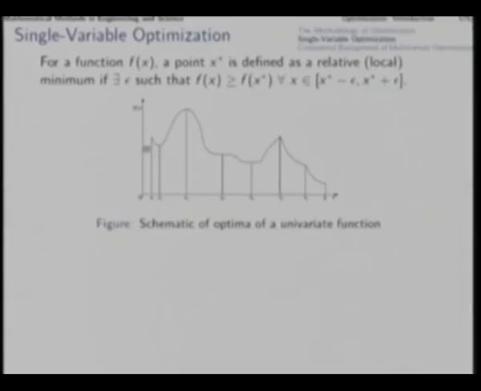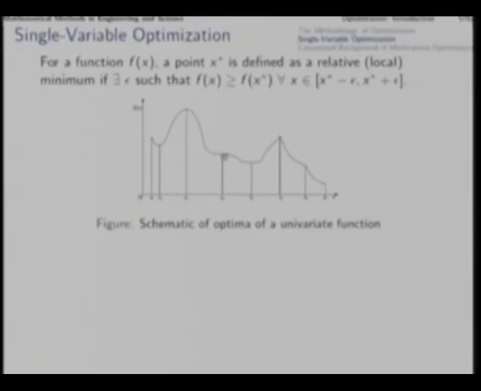Now, schematically, let us have a look at this. There is a function which is defined over the interval a to b. In this particular case, x1 is a local minimum point, and x2 is a local maximum point. x3 is neither a local minimum point nor a local maximum point, because there is some point close to x3 on the right side at which the function value is likely to be lower, and this will not be satisfied.